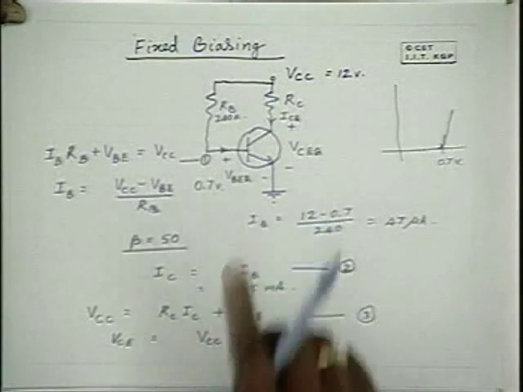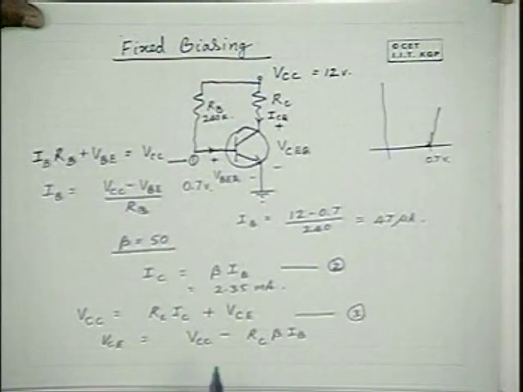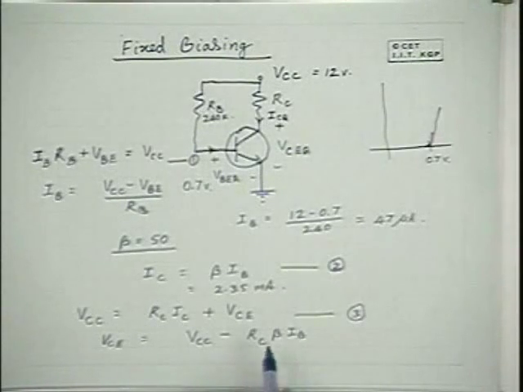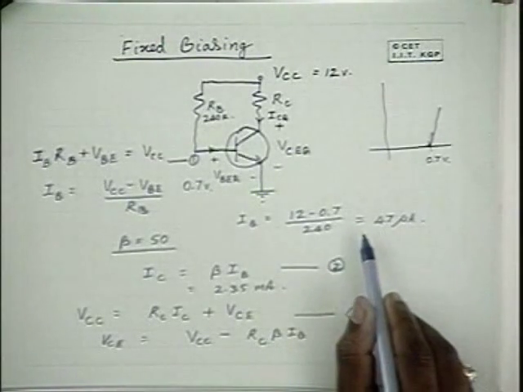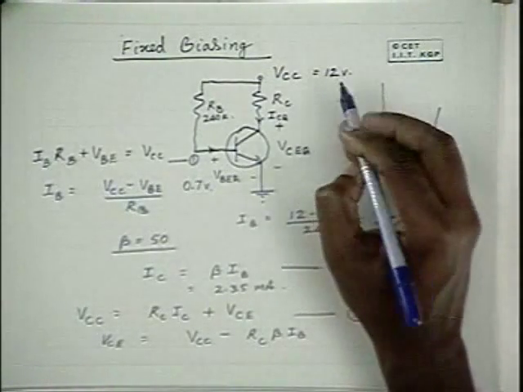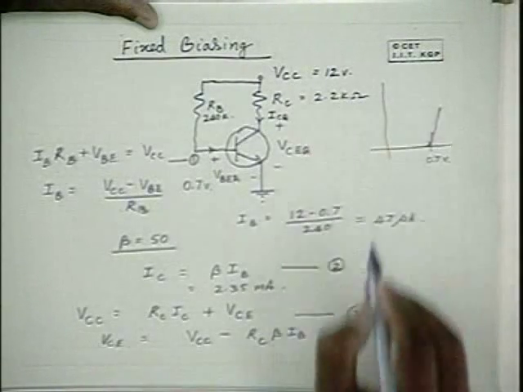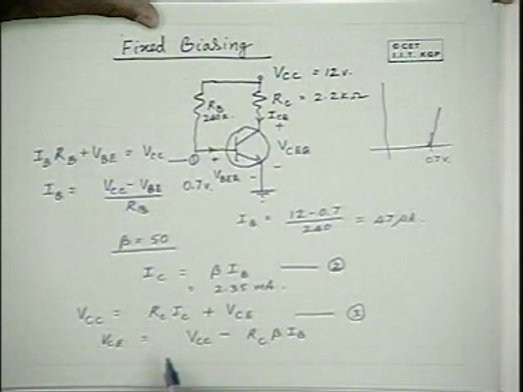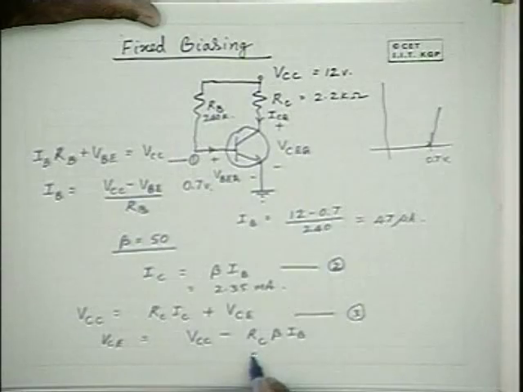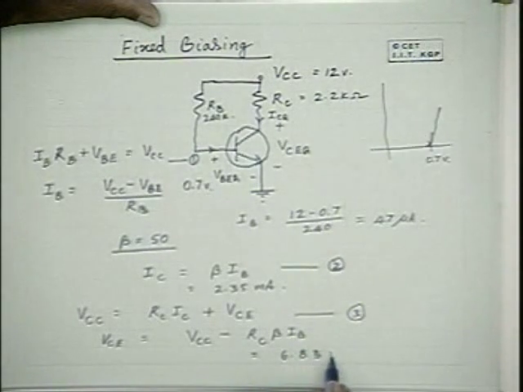Now in this circuit, for this particular value of 2.35 milliamperes and given RC equal to 2.2 kilo ohms, we'll find VCE as 6.83 volts.